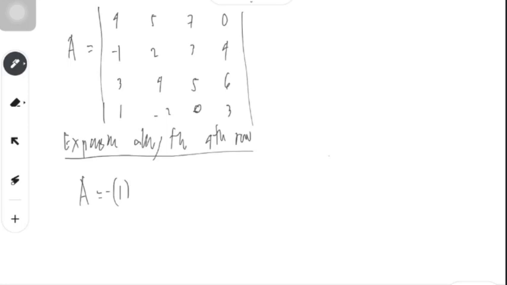Then delete the row and column containing the element on the fourth row. Tanggalin natin yung elements containing 1. So, anong matitira? 5, 7, 0. We have 2, 3, and 4.